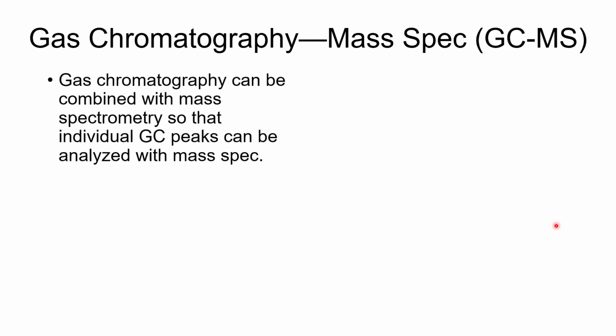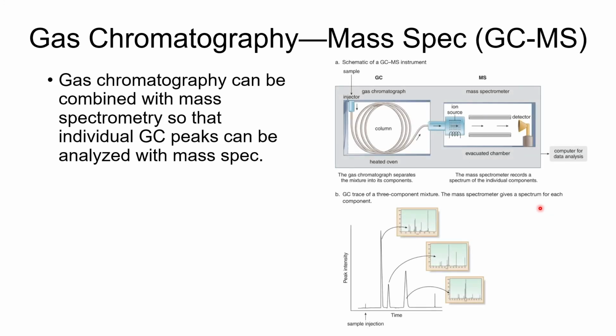In gas chromatography, you can separate your chemicals out using a gas chromatograph, where you inject the sample in, and it uses how much the compounds adhere to the inside of this column. Some compounds will stick more, and other compounds will stick less. And so it separates them out, and you can detect them at different times.